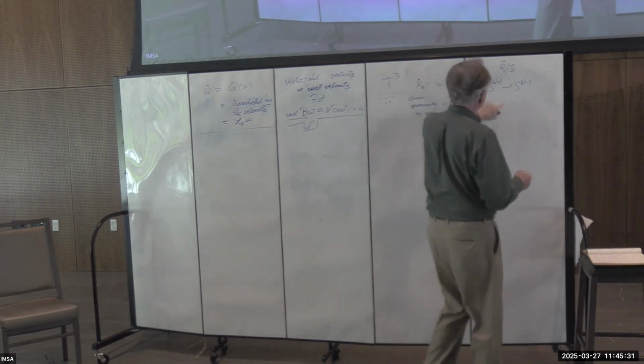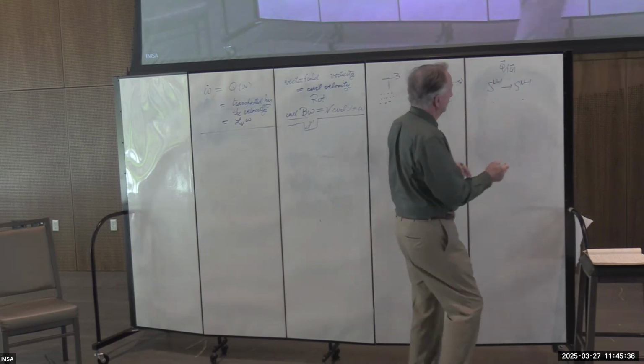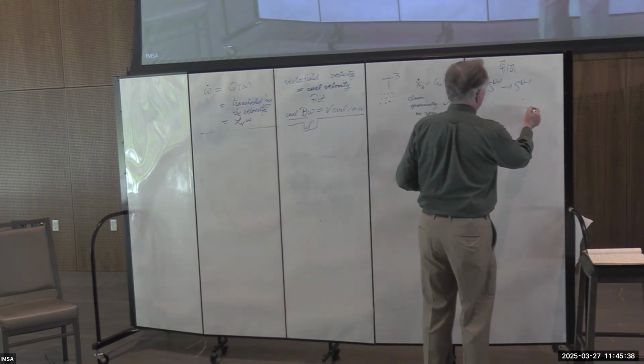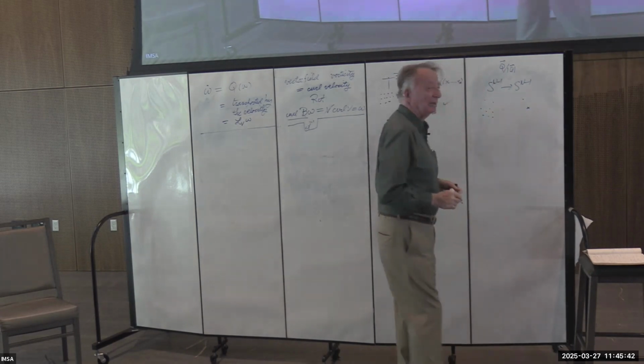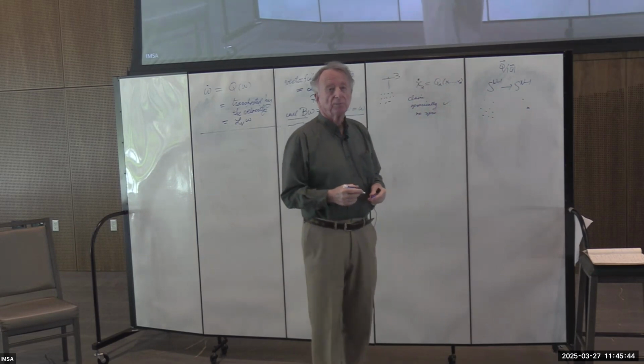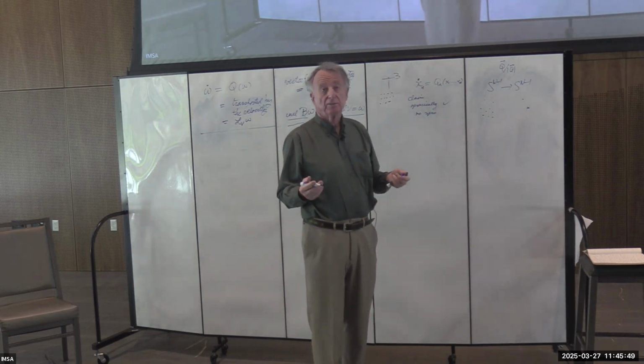So it sends antipodal points to single points. Therefore, if you took a generic point here, you would have an even number of pre-images. So the degree of this mapping is even.